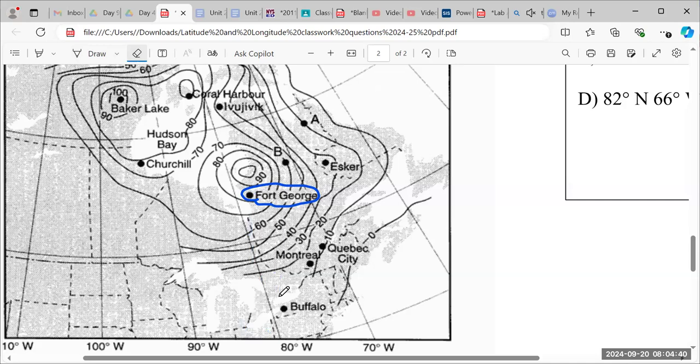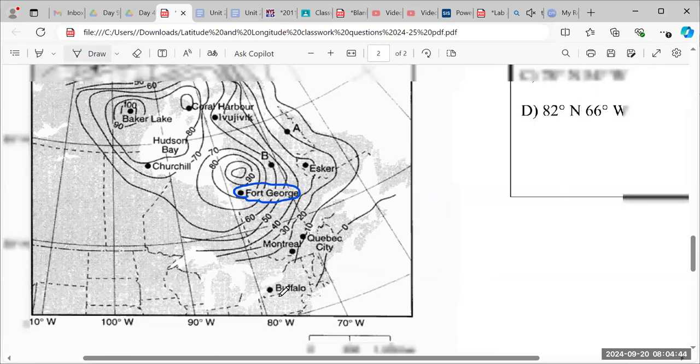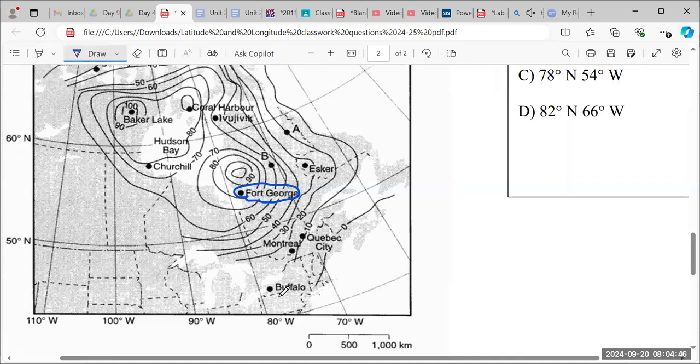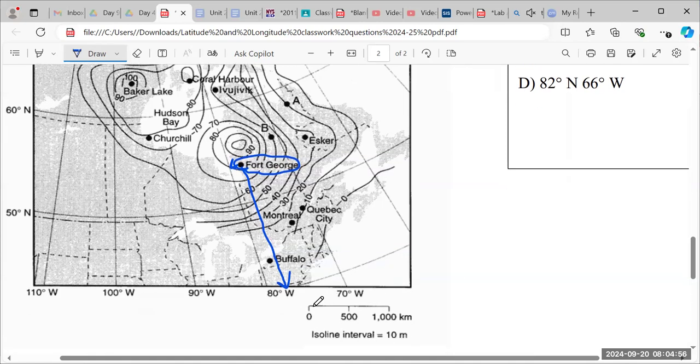Instead, we want to represent that Fort George is just a little bit to the left of this parallel line, and so we want to respect that. So that's why Fort George is going to be a little bit to the right of 80 degrees west.